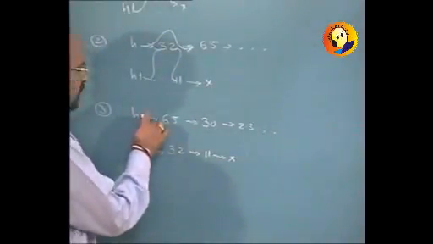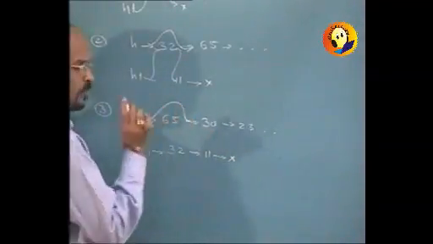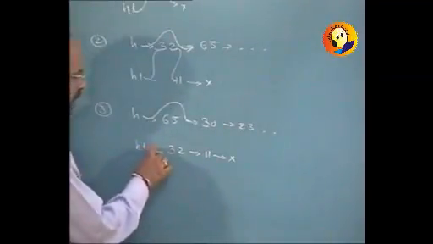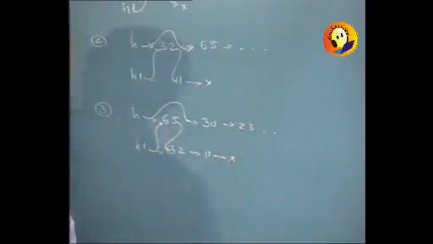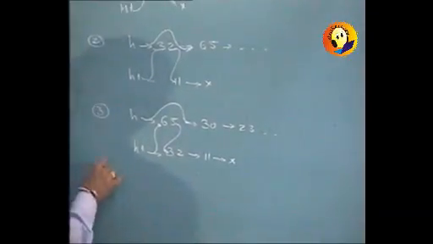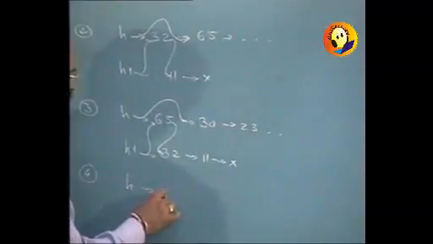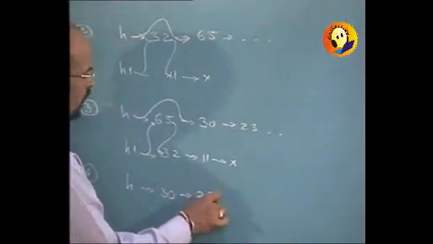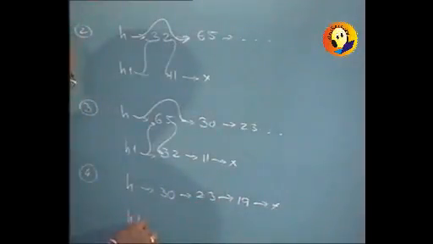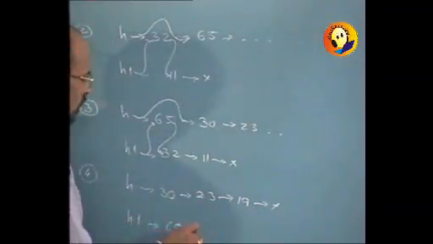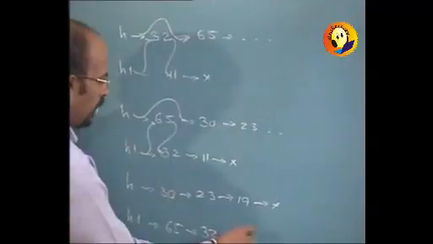Again, detach the first node and add it at the beginning. So H arrow next will point to 30, 23, 19, whereas H1 arrow next will point to 65, 32, 11.